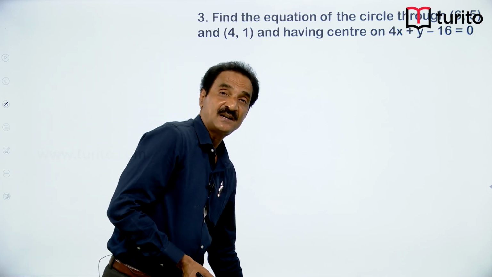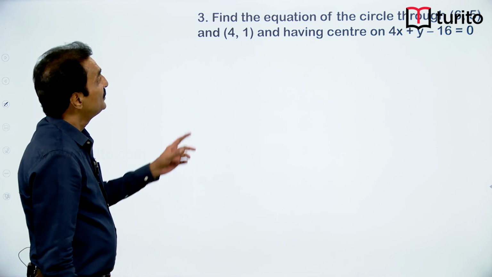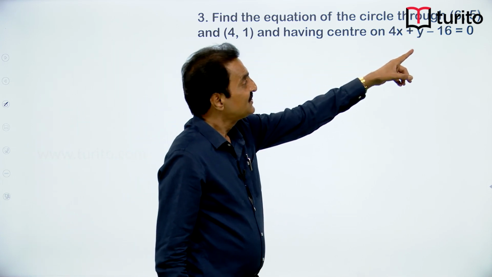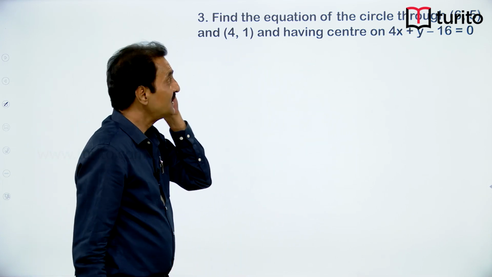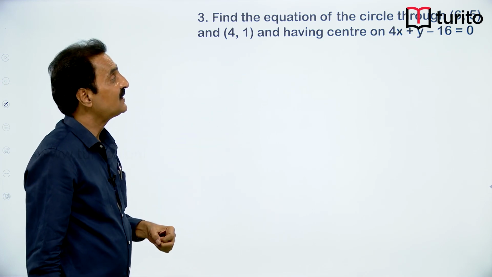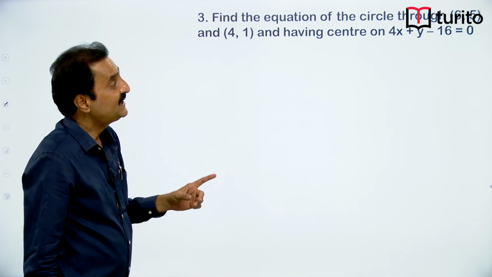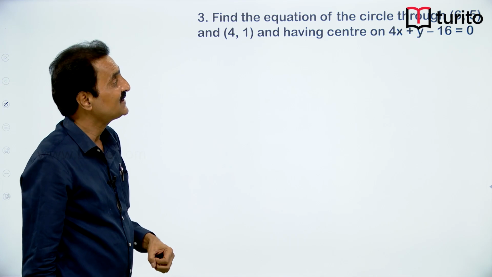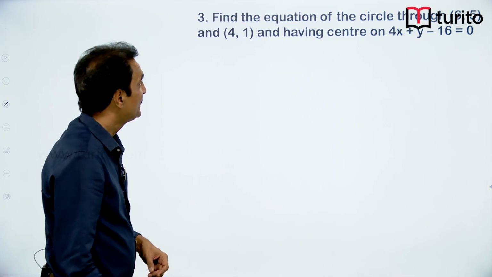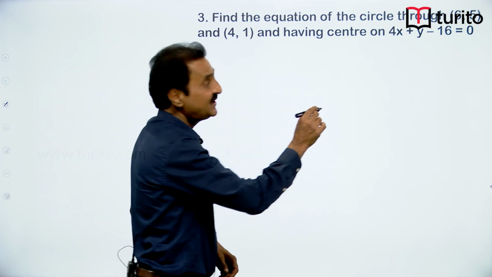Find the equation of the circle through (6, 5) and (4, 1) and having the center on the line 4x + y − 16 = 0.